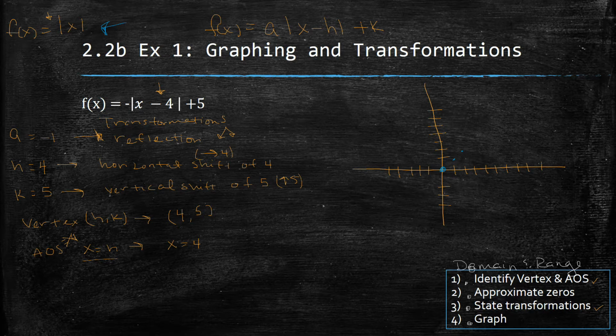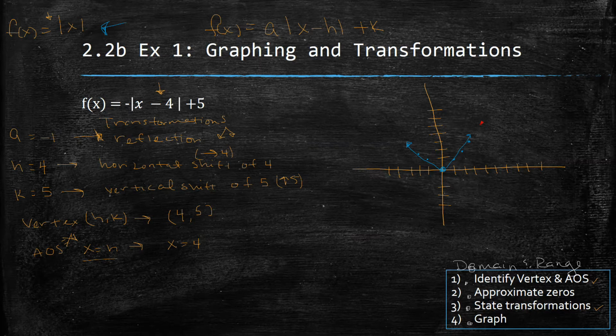So up 1 over 1, up 1, over 1, up 1, over 1, in both directions. Okay, I'm going to try to make these as accurate as possible. And so now I'm going to graph our function itself. So we know that the vertex is at 4, 5, so that's where you have to start. 1, 2, 3, 4, 1, 2, 3, 4, 5.